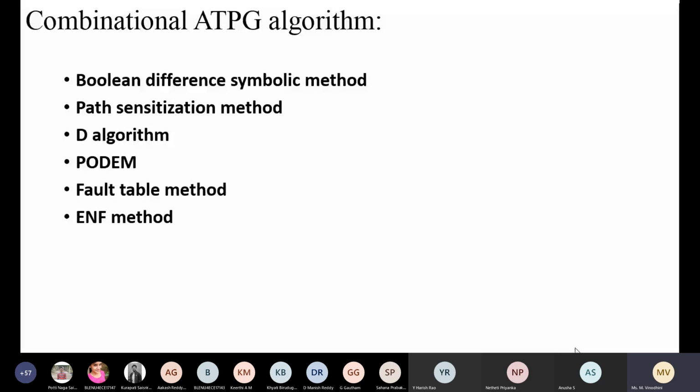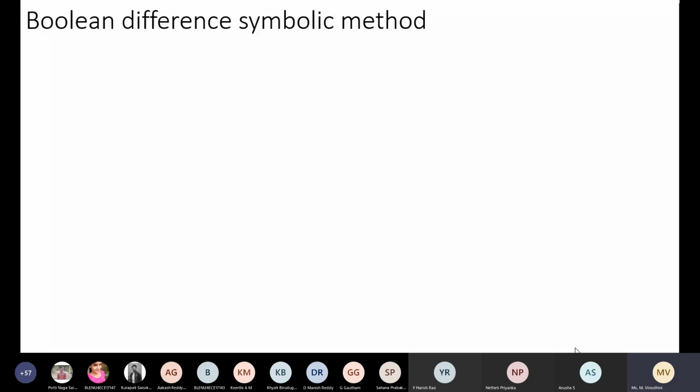This process is done before fabrication. It is an alternative to fault simulators. Either I can go with the fault simulator method or with an ATPG algorithm method. So shall we discuss the first one, the Boolean difference symbolic method? Now I'm going to explain this algorithm.